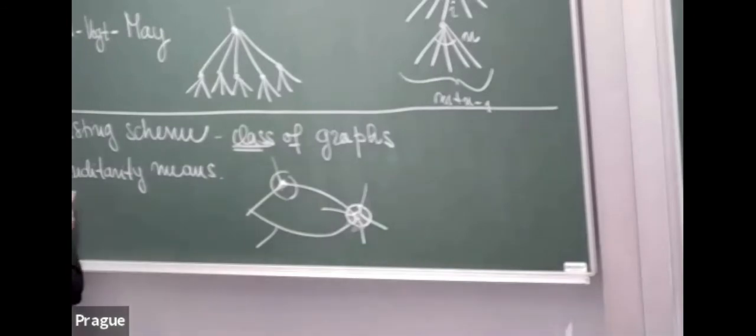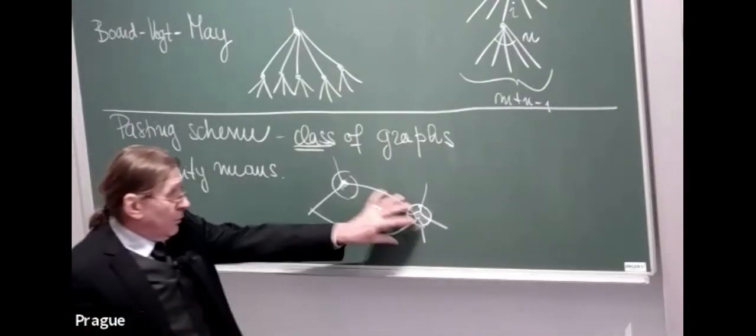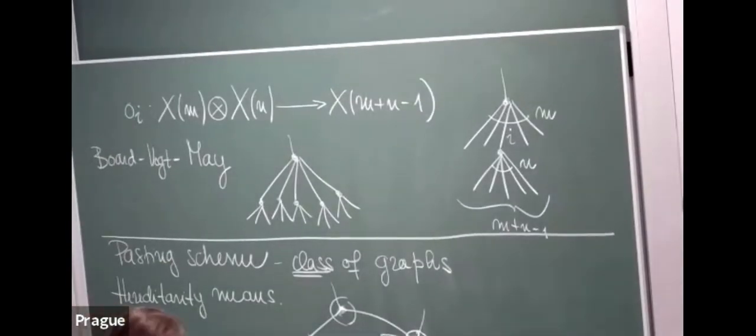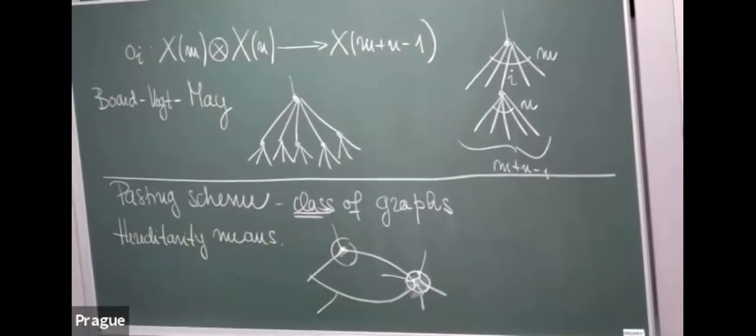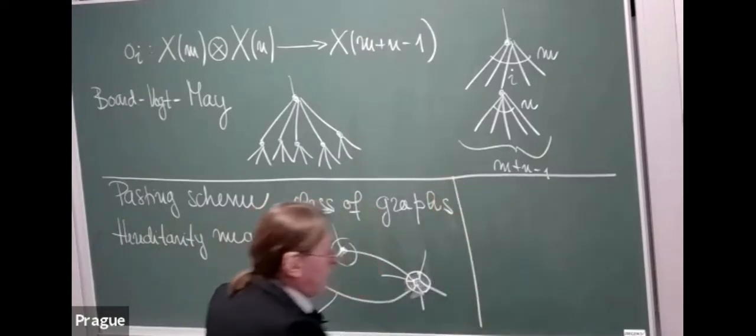And hereditarity means that if I remove the nests, so if I forget these little things, I will get a graph of the same class.